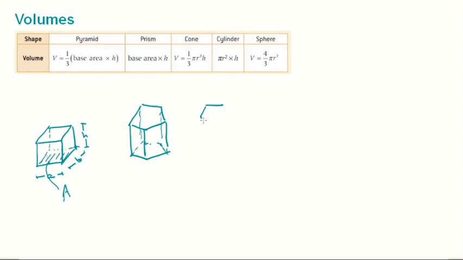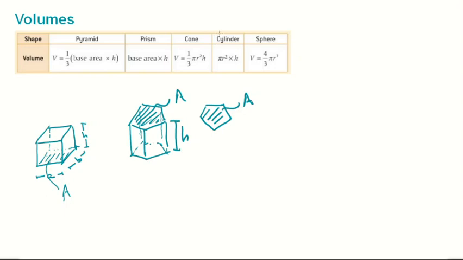So in this case we would need first to find what is the area of the base or the top, doesn't matter, it's the same thing, right? So here, this area, and then we multiply by this height. So it's fairly simple. It gets more complicated when you're talking about other shapes like cone, cylinder.